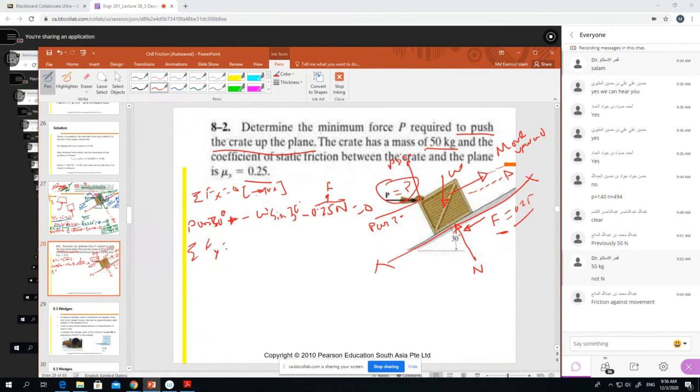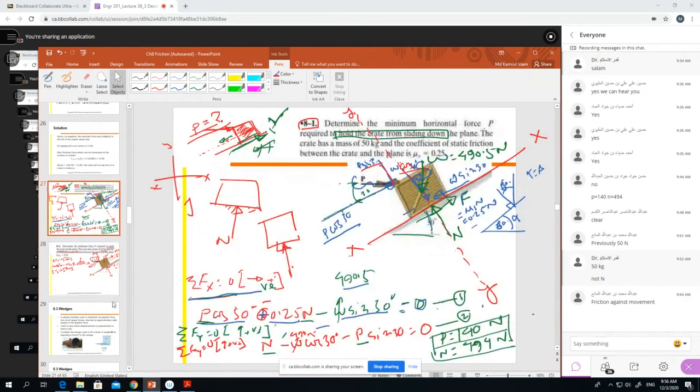Then we do summation of Fy equal to 0, with upward force positive. Now everything will be the same as before, only the N will be minus.